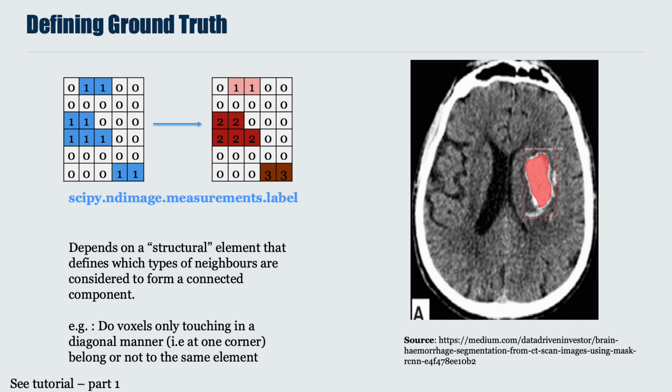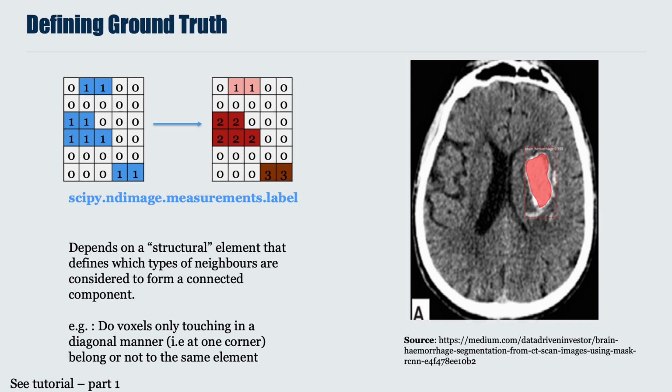And one of the functions that allows you to do a connected component in Python is a function from the SciPy ndimage package, where you have the label function. Typically, to get a connected component, it depends on the structural element that defines which type of neighbor you need to consider to form a connected component.